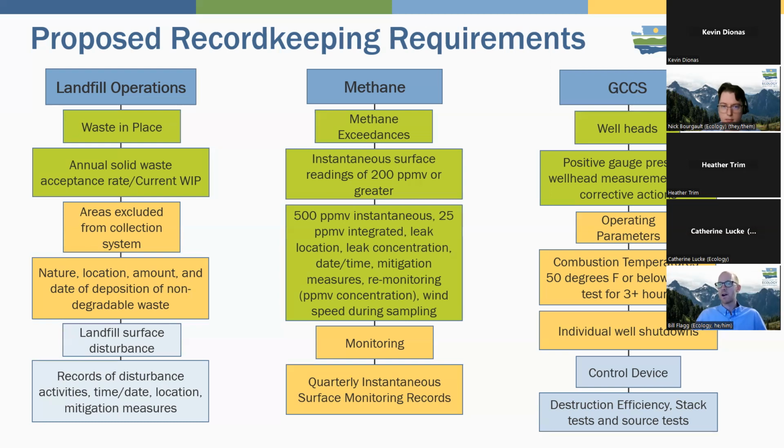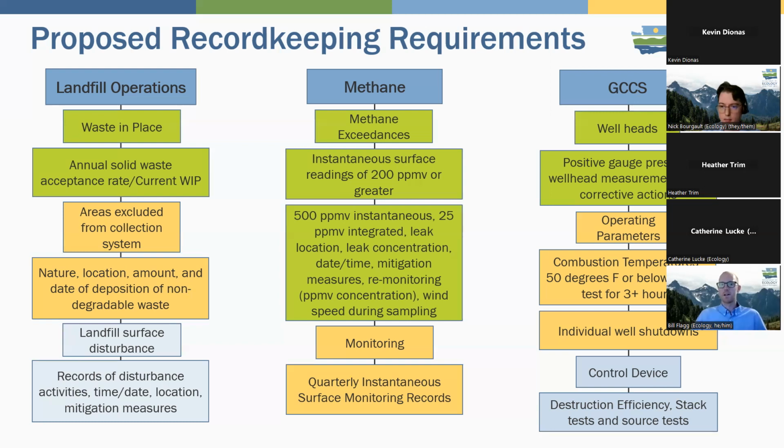For landfills that already have their gas collection and control system set up, as well as any landfill that will be impacted by this rulemaking once implementation begins, we have our exceedance limits of 500 parts per million by volume of surface methane as determined by instantaneous surface monitoring, as well as 25 parts per million as determined by integrated surface monitoring.